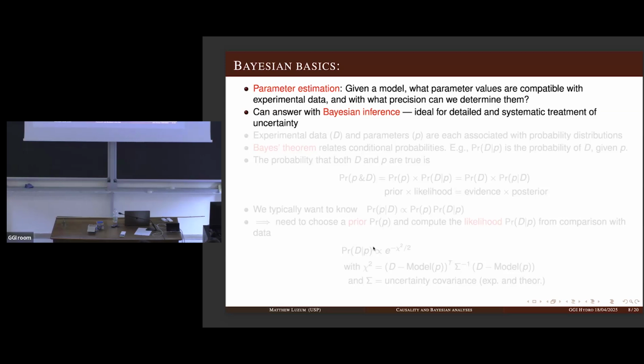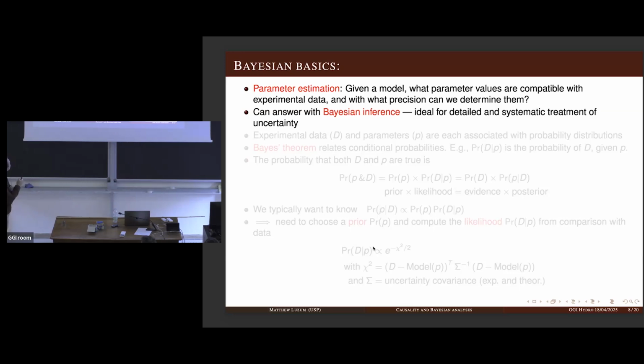But given some model, what parameter values, and these parameters can be well-defined physical parameters, they can also be nuisance parameters that parameterize ignorance about things that you want to marginalize over, or they can be physical parameters that you really want to know the values of. But what values are compatible with experimental data, and most importantly, with what precision can we determine them?